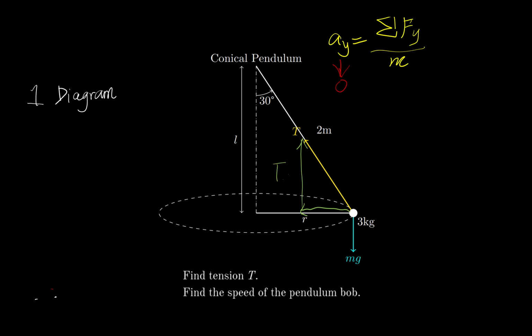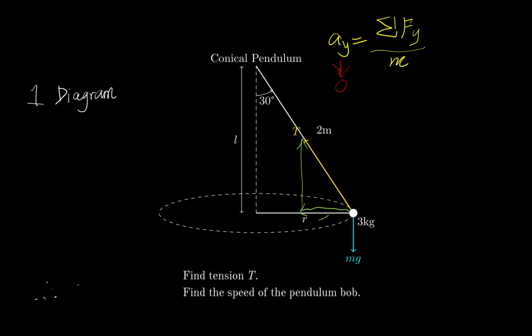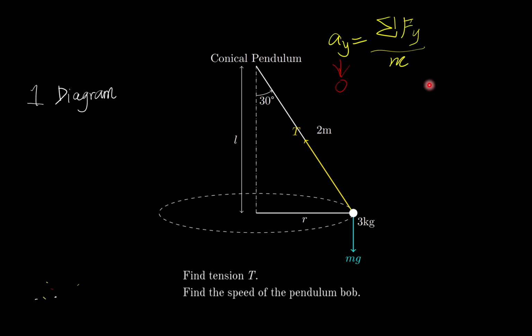Let's call this one, which goes up, Ty, and the horizontal one Tx.